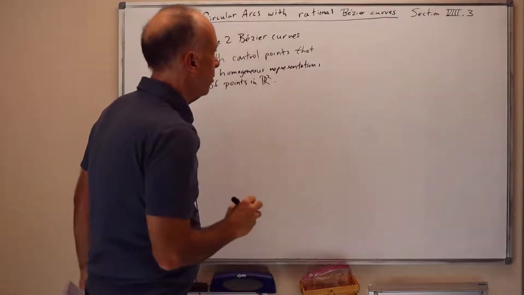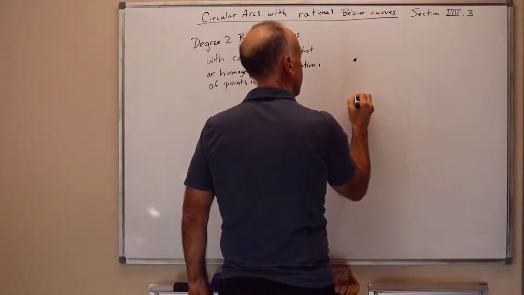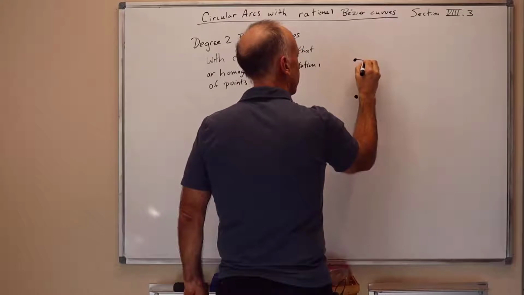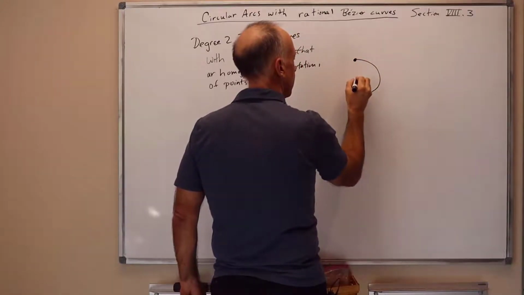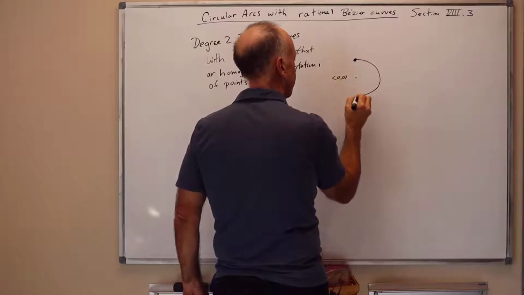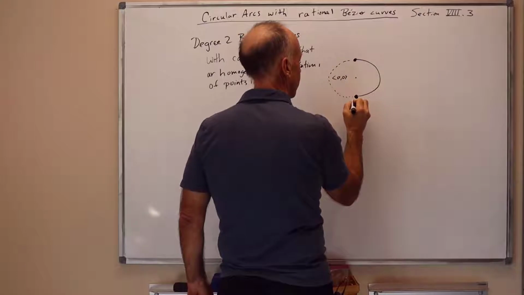So let's start with an example, our canonical base example that always works. I'm going to draw a semicircle, with the origin being the dot in the middle. We're talking about the unit circle here.